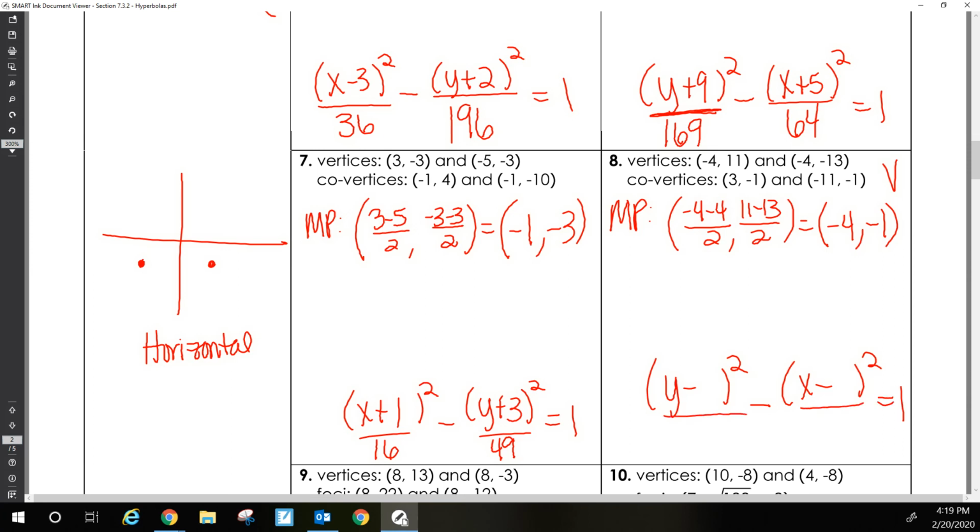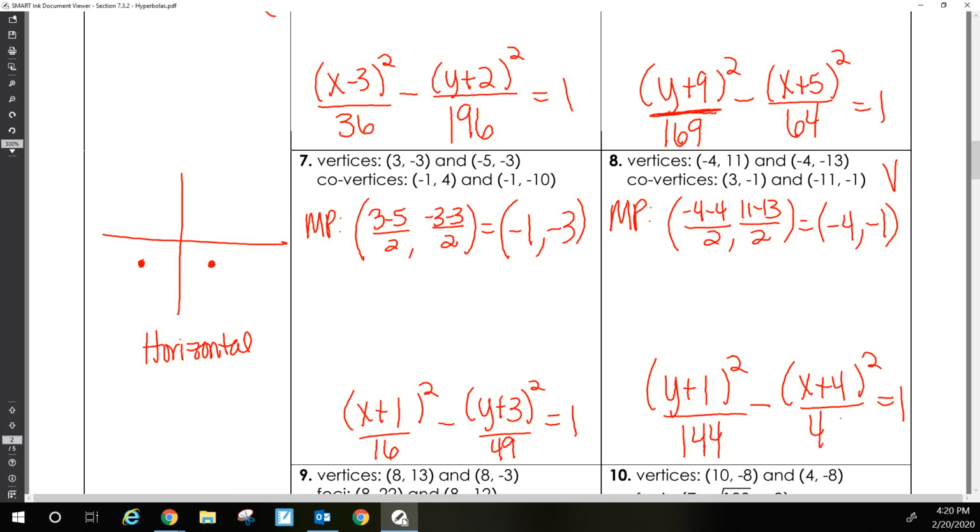Go ahead and plug in our center. So y minus a -1, so y plus 1. x minus a -4, so x plus 4. Now the distance for my y's from the center to the vertex, -1 to -13 would be 12. 12 squared is 144. The distance between my x of my center and the x of my co-vertices is 7.